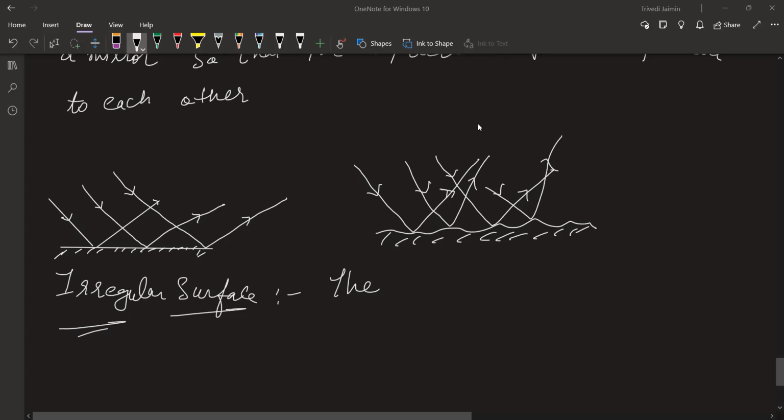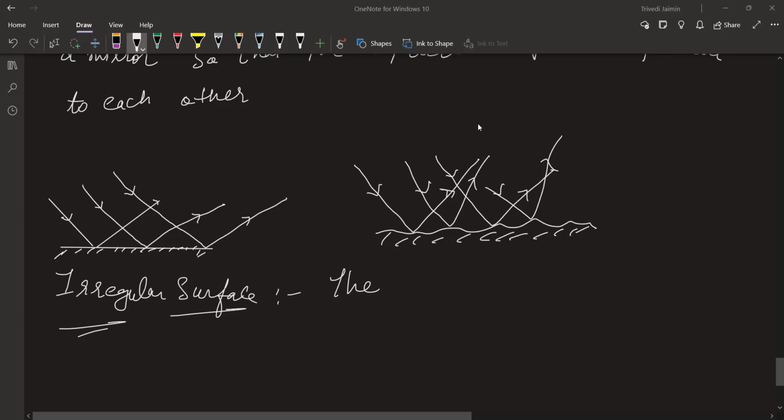After this irregular, we'll write the laws of reflection. Wherever light is incident, it will follow the laws of reflection, regular or irregular surface, doesn't matter.